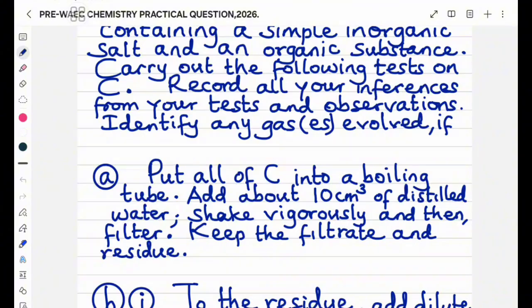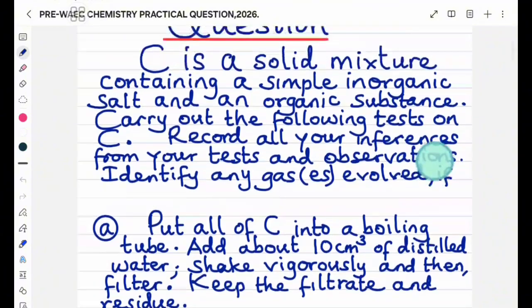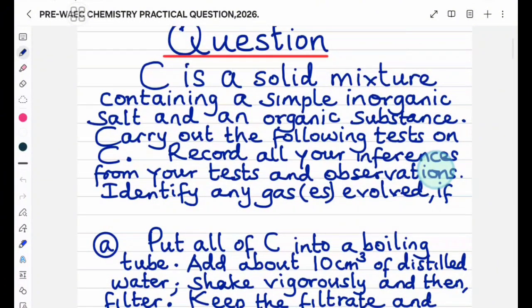Before we go into that, I would like to explain what we mean by solid mixture. Here we have a mixture of two solid substances. One is a simple inorganic salt and the other is an organic substance. When we talk about a simple inorganic salt, we mean a salt that has only one positive and one negative ion or radical in it.